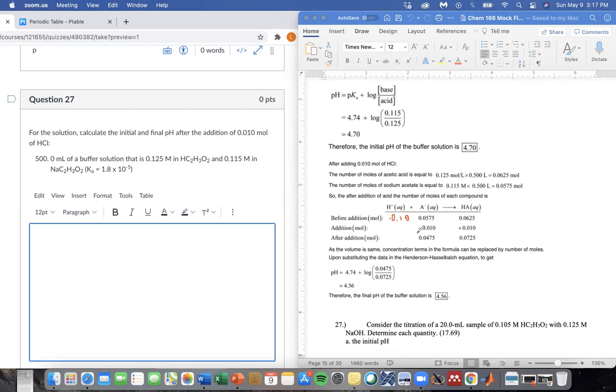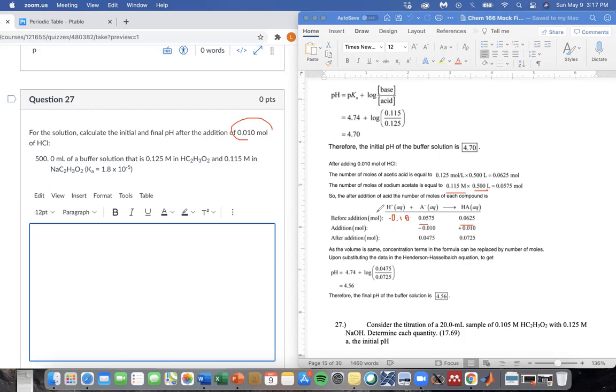Before you can plug into this table, the reason they got these values is they just multiplied the volume times the concentration: 0.115 molar NaC2H3O2 times the liters, and they did that for both of them to get the moles. You can compare moles to moles because we only have moles of HCl, not volume. When we do this, we get 0.0575 moles of sodium acetate and 0.0625 moles of acetic acid.